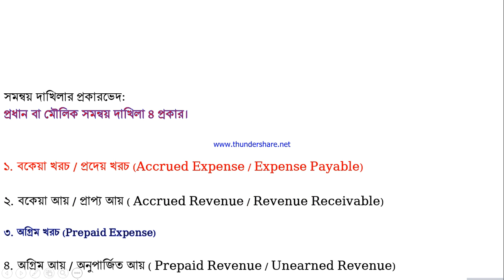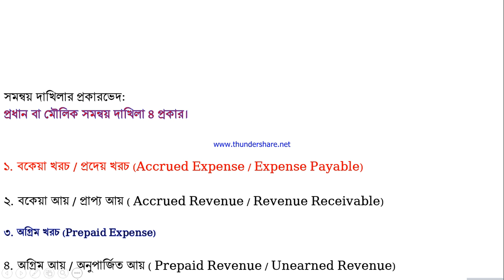Number 1, accrued expenses or expenses payable. Number 2, accrued revenue or revenue receivable. Number 3, prepaid expenses. And number 4, prepaid revenue or unearned revenue, that means advance revenue or unearned revenue.